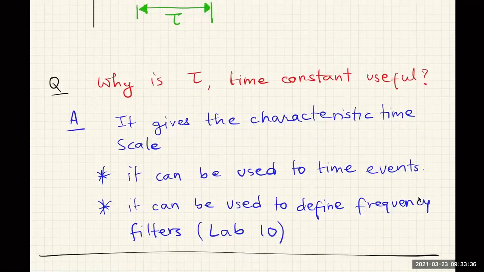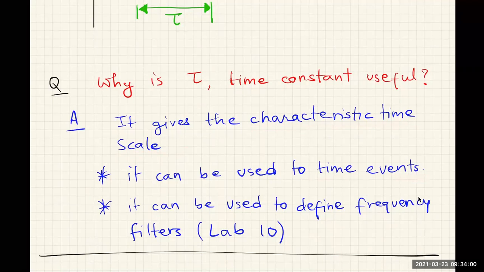So I've told you all about the time constant tau, but why is it useful? As I said before, it gives us a characteristic timescale of the circuit. It tells us how fast things are changing in the circuit. It allows us to time events.